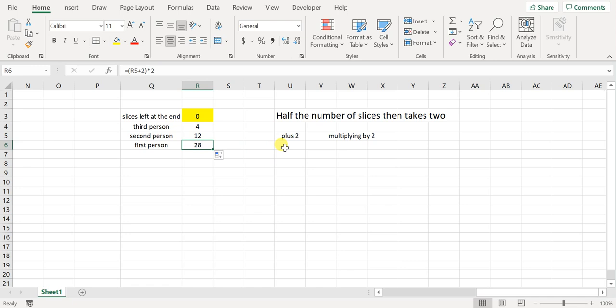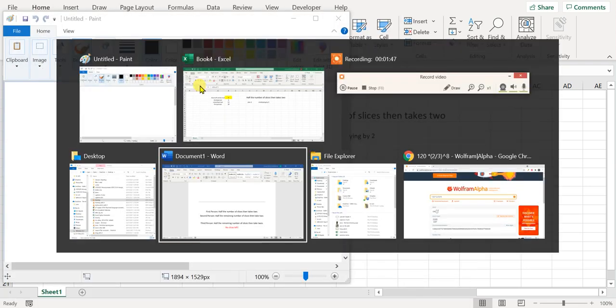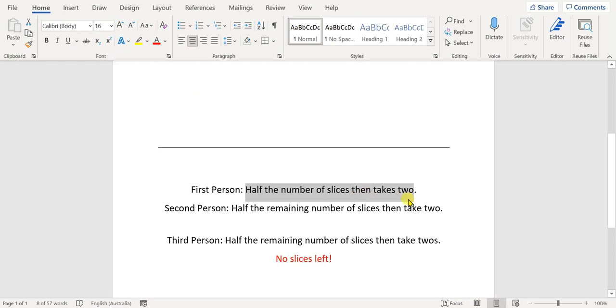And now to just show you how we would have been able to do that just from looking at the question and using a little bit of common sense and a very basic drawing. So first up, see what it says. It says half the number, then 2, half the remaining number, and then 2, half the remaining, and then take 2.